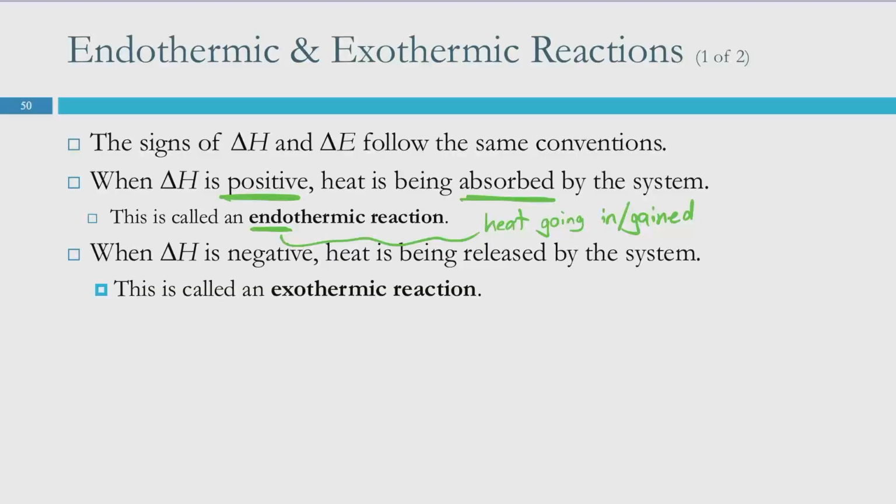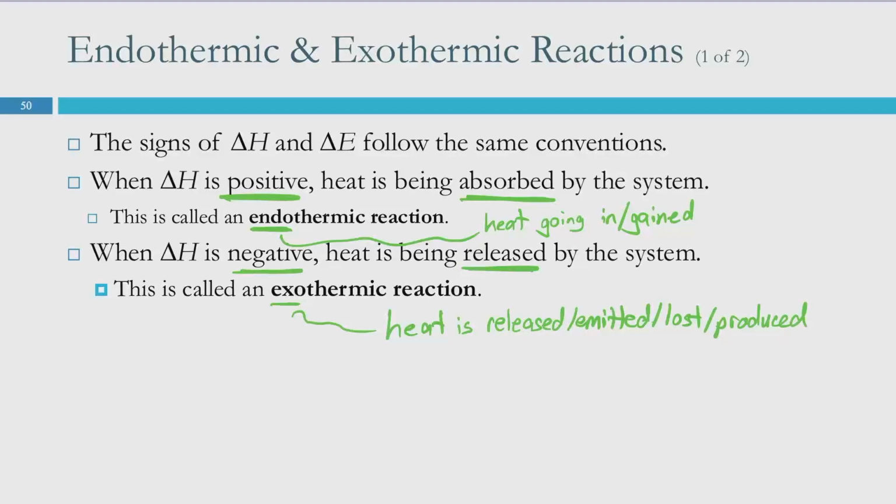When delta H is negative, heat is being released. So exothermic reactions, heat is released. Other words we might use to describe that are emitted, lost, produced. There's probably a couple of other things I haven't thought of there.